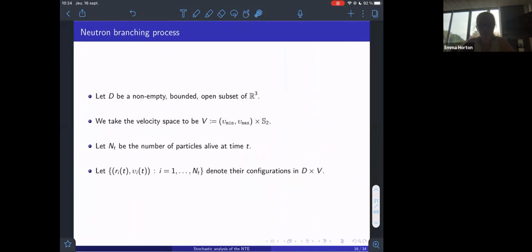We're going to take the velocity space to be some three-dimensional annulus, so there's a minimum velocity and a maximum velocity. I'll let N_t be the number of particles alive at time t, and their configurations will be denoted by r_i(t) and v_i(t), the position and velocity of the ith particle at time t.